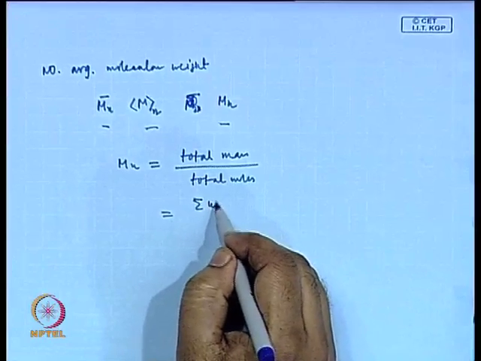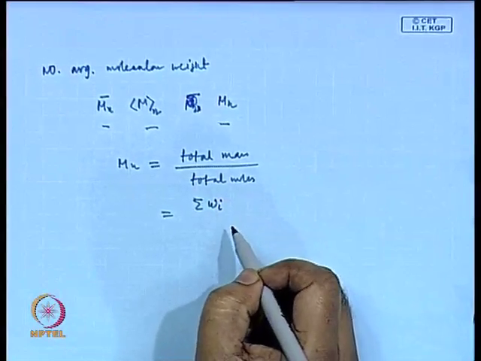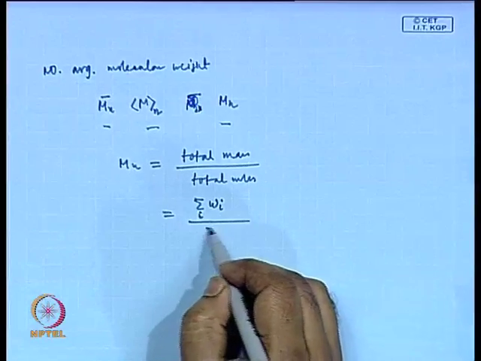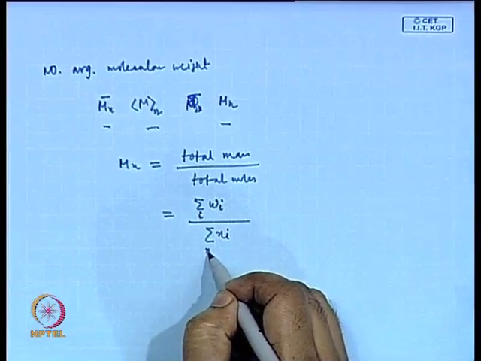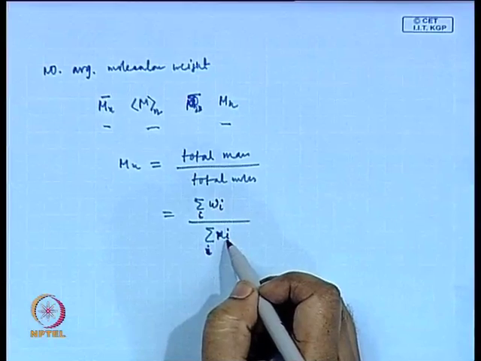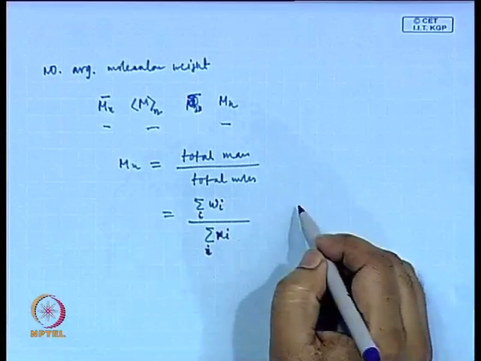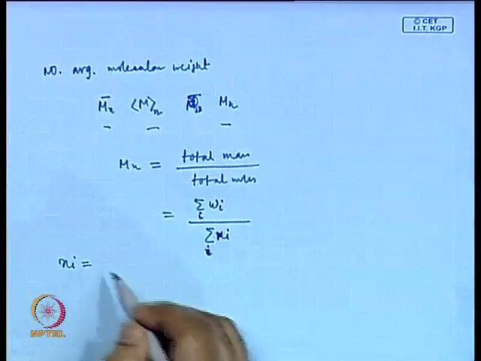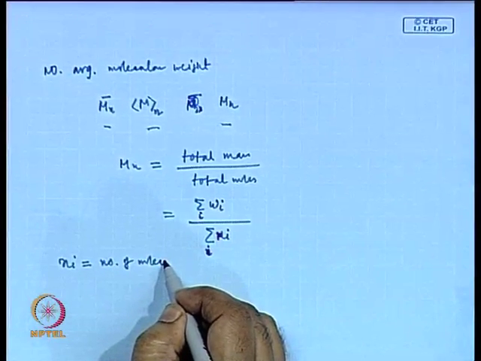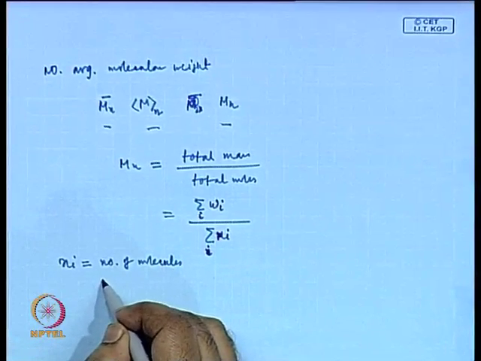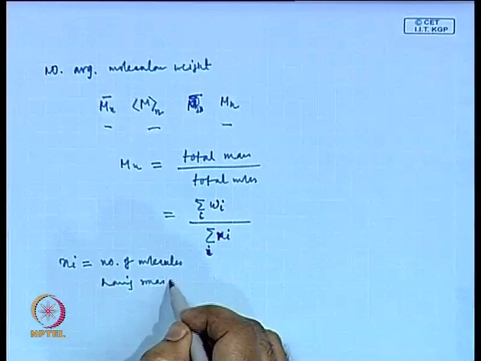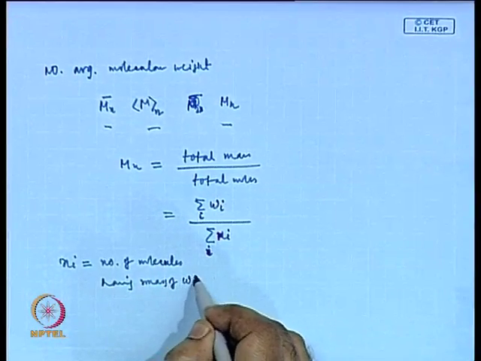If you have i number of molecules, you can sum over i, where Ni is the number of molecules in that sample having mass of Wi.